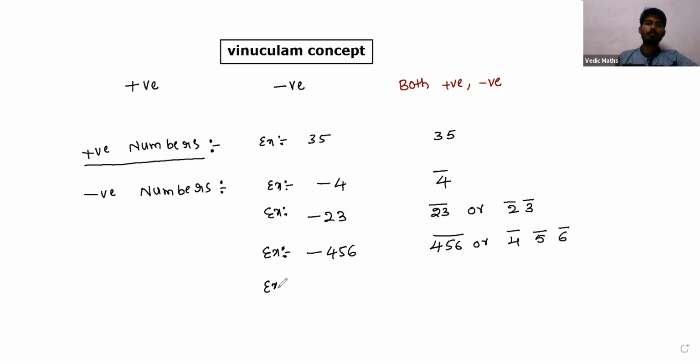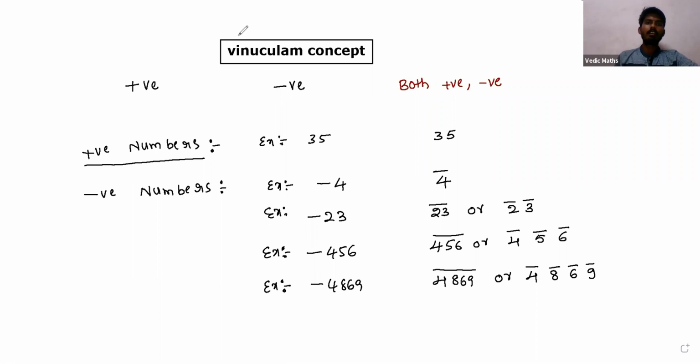If you take a four-digit number, in Vedic mathematics we represent it totally with one bar, or else we write individual bars. Okay, so in this way we represent negative numbers in the Vedic system.